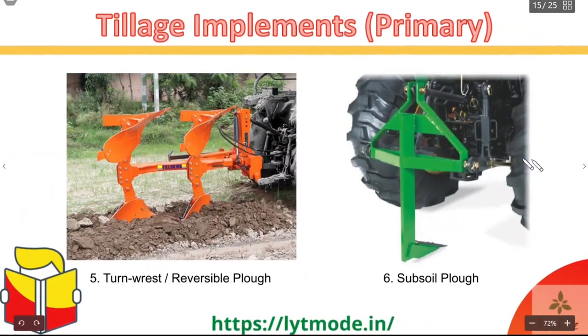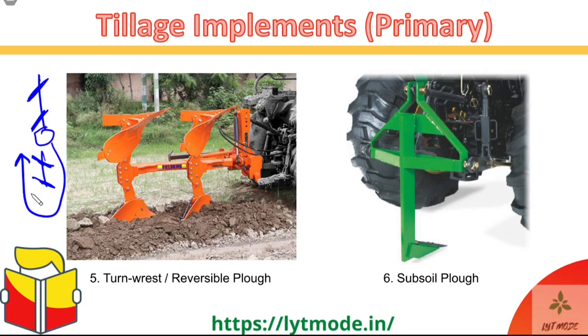Then comes the turn rest or the reversible plow. Now, as you can see, I told you that this is the direction of a mold board plow. What if you want to till in this direction, right? If you want to till like this, then you'll have to take the tractor, take a U-turn and come back, right? But what if you're in a terrain which is not easy to maneuver the tractor in?